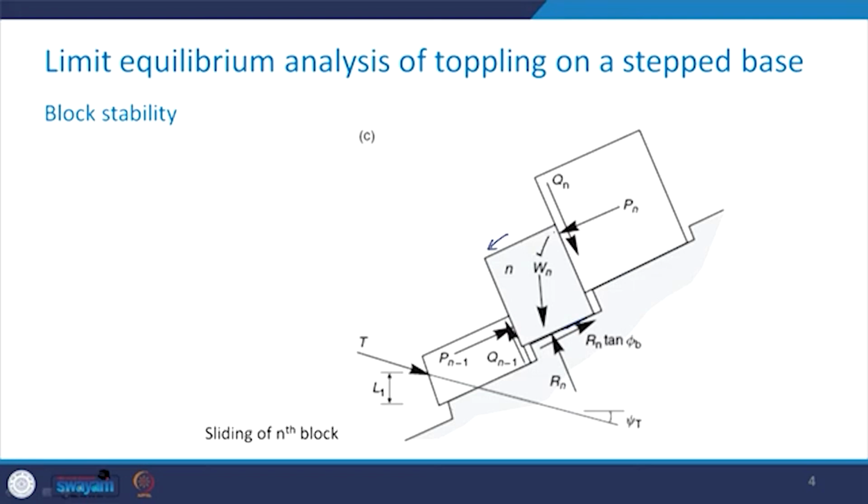Weight is again Wn, this normal force is Rn, and the base friction angle is phi b, and therefore the tangential component, which will be perpendicular to this normal force, is going to be Rn tan phi b, and the forces Pn and Pn minus 1 are shown like this. Similarly, Qn and Qn minus 1, which are the shear forces on that block in this direction, have been shown in this particular figure.